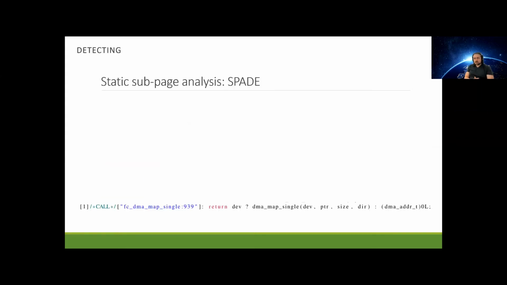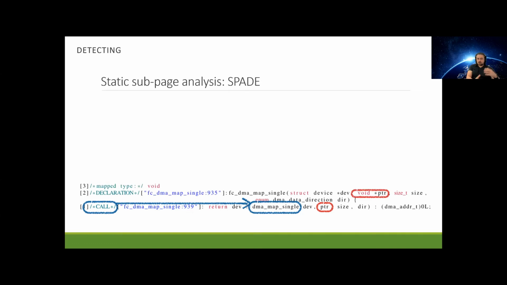We call our static analysis SPADE, and it works recursively. It starts from a DMA map operation, and that's an example. We see that a pointer is mapped, and we look up and see that it's a void pointer, which is kind of useless. But let's see where the FC DMA map single function is called, and we find one example in NVMe init request.